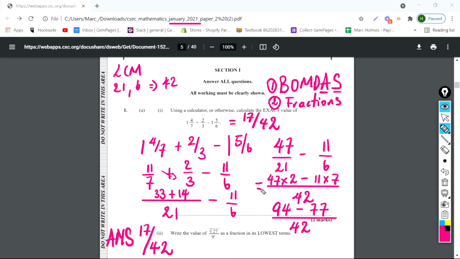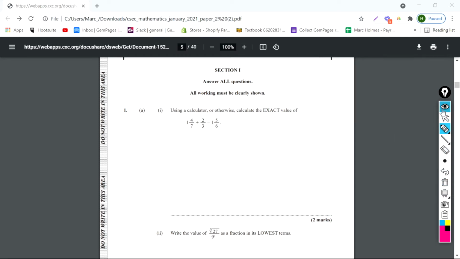Let me put a line here. So the first thing we did, guys, was follow the BODMAS rules, add, then subtract, and we ended up with 17 over 42. So that's our answer. Awesome. So let's move on now, guys. I think we should be okay with this. Let's move on to the next question. Boom, we're done there.